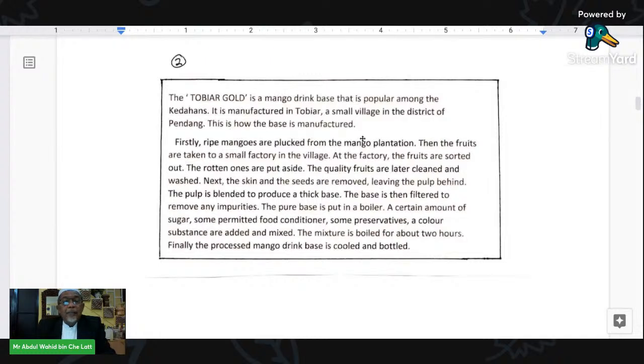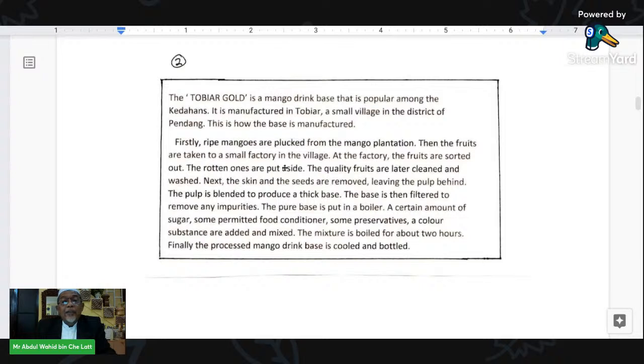Underline are plucked, some form of human touch. The verb form is are plus participle plucked from the mango plantation. Then the fruits are taken, some form of human touch. The verb form is are plus participle taken to a small factory in the village.